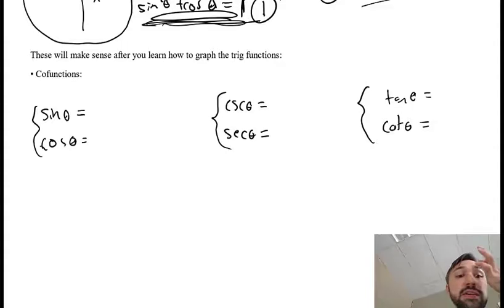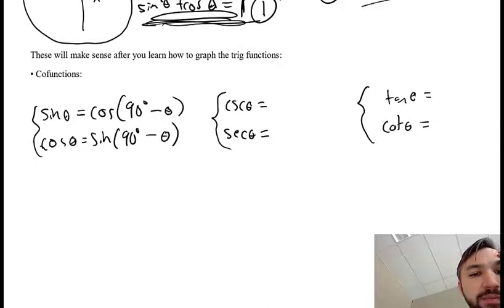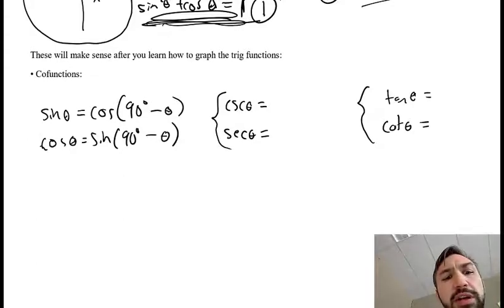Now what that means is you can find the sine of an angle by doing the cosine of 90 minus that angle. Or vice versa. You could find the cosine of the angle by doing the sine of 90 minus that angle. So let's say you wanted to know the cosine of 30. Well, the cosine of 30 is the same thing as the sine of 60.